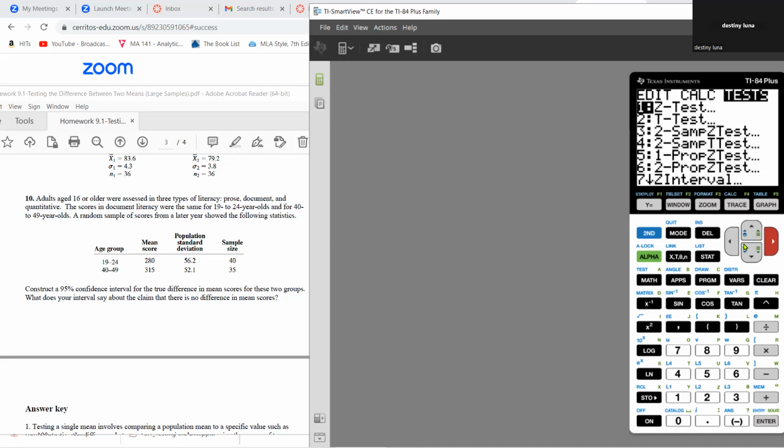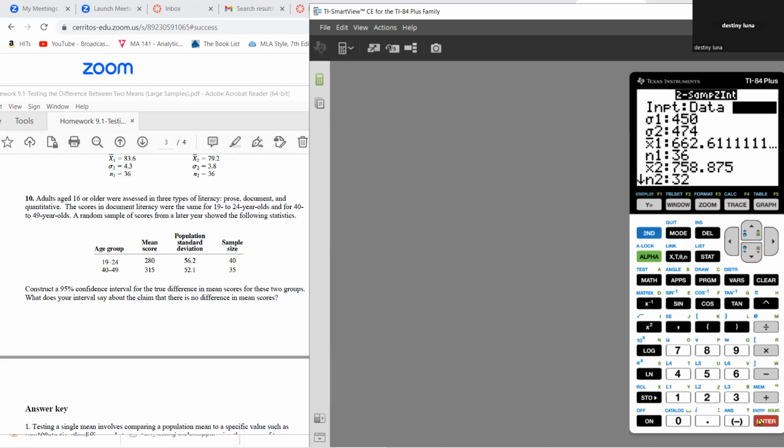Everything that ends with interval or INT is a confidence interval. Be careful, number 7 is a Z interval, that's one mean, that's not what we want. We want this one, a 2 sample Z interval. So we're going to hit enter.